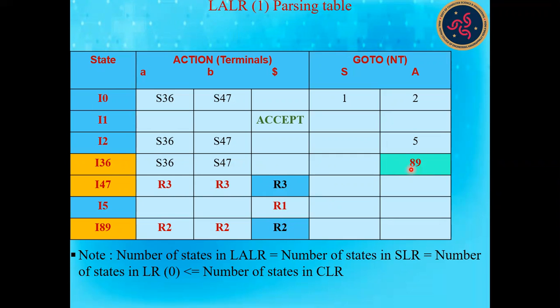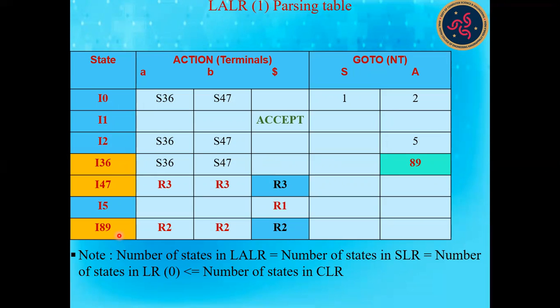Here the number of states is 1, 2, 3, 4, 5, 6, 7, right? For the SLR parser also the number of states was 7, from I0 to I6.